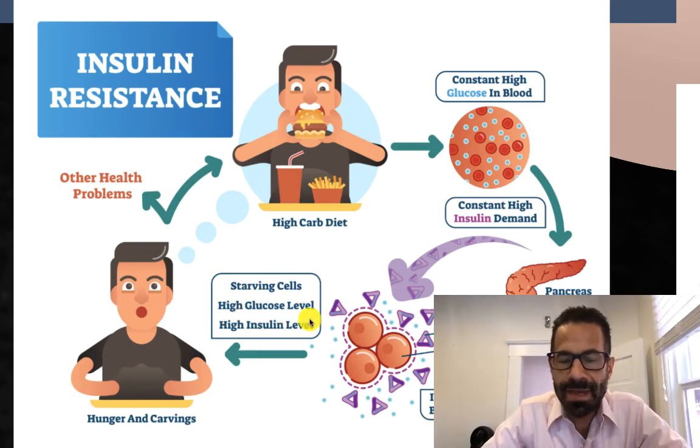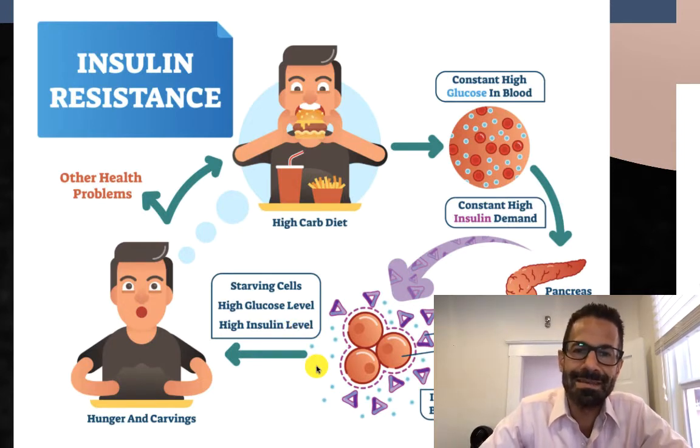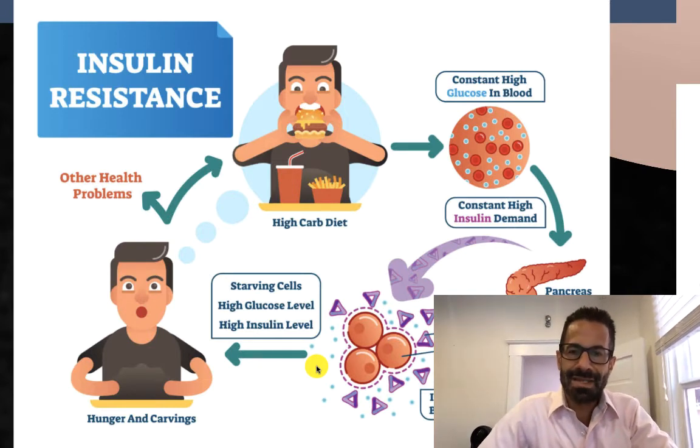The other aspect of this is when we develop obesity from excess calorie intake, our fat cells independently contribute to insulin resistance. They can send signals to make other cells less responsive to insulin.